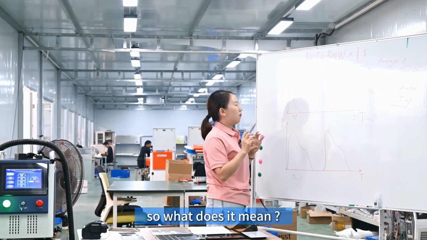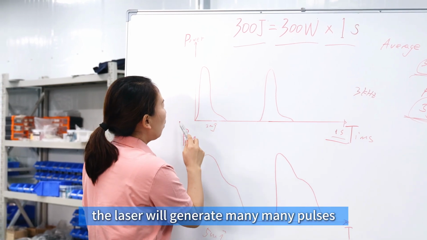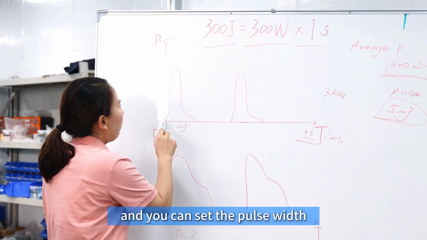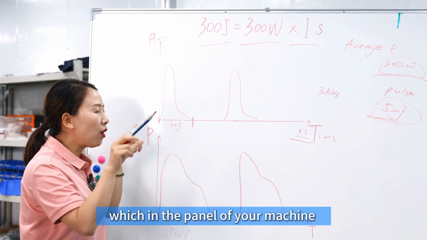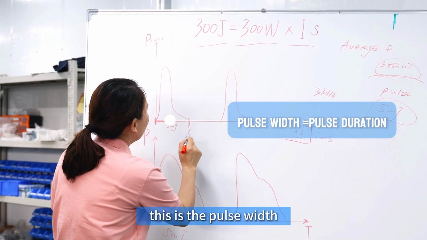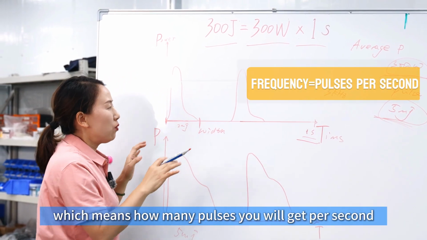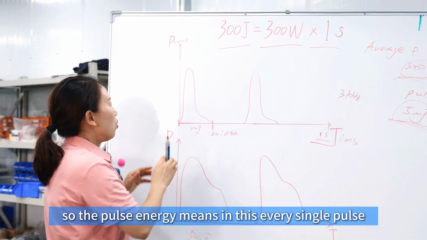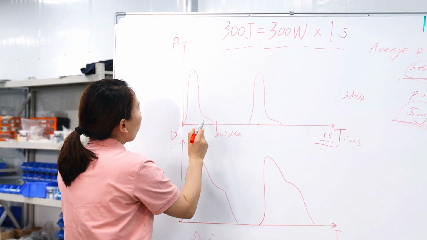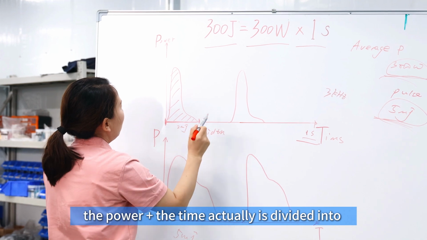So what does the pulse energy mean? In 1 second, the laser will generate many pulses, and you can set the pulse width, which you can choose in the panel of your machine. This is the pulse width. And the frequency means how many pulses you will get per second. So the pulse energy means, in every single pulse, the power times the time.